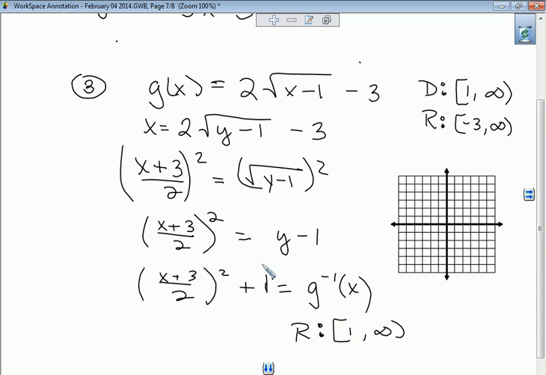And is this a parabola that opens up? If the range of this function is negative 3 to infinity, what would the domain of this one be? Negative 3 to infinity.